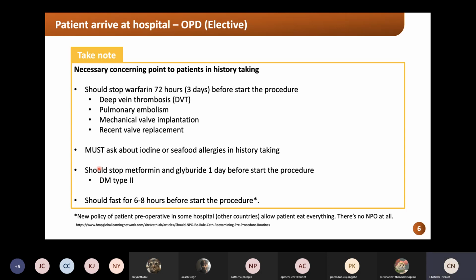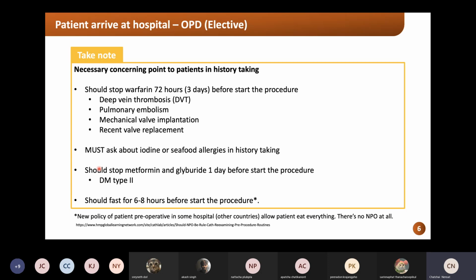You might wonder why we have to stop the patient taking metformin or diabetic drugs. The reason behind this is because before doing the procedure, patients should fast at least 6 to 8 hours before starting the procedure.